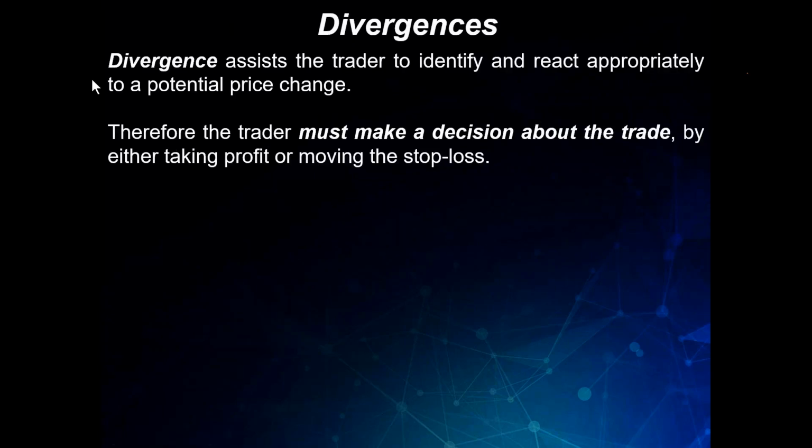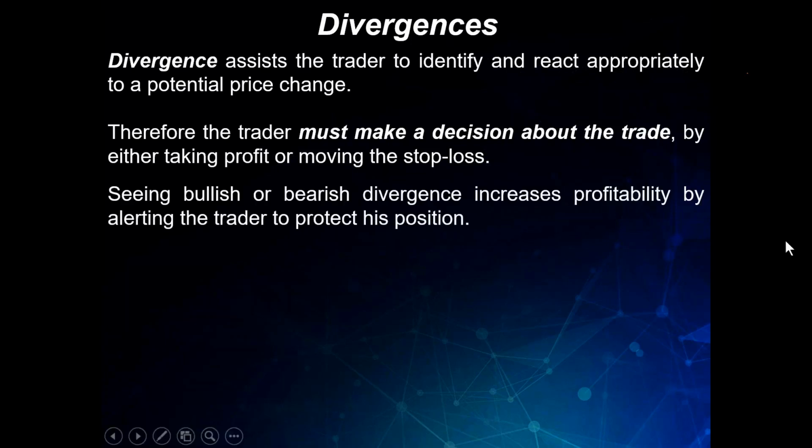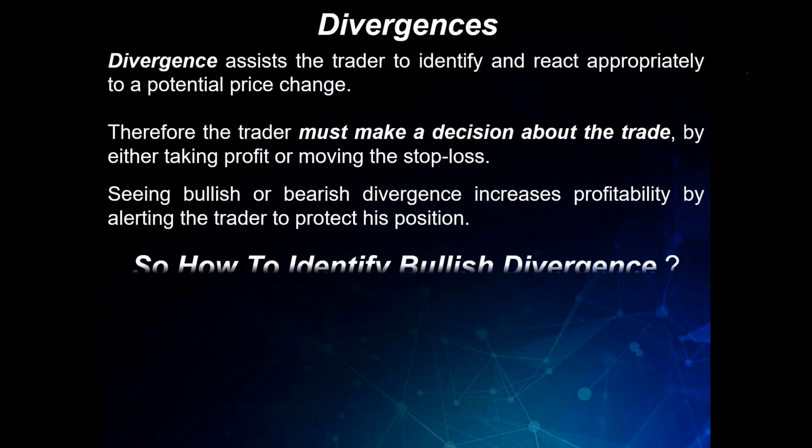Just a little bit more on divergence, because some people do miss the concept of what it's telling you. Divergence assists the trader to identify and react appropriately to potential price change. Therefore, the trader must make a decision about the trade by either taking profit or moving the stop loss. Seeing bullish or bearish divergence increases probability by alerting the trader to protect his position.